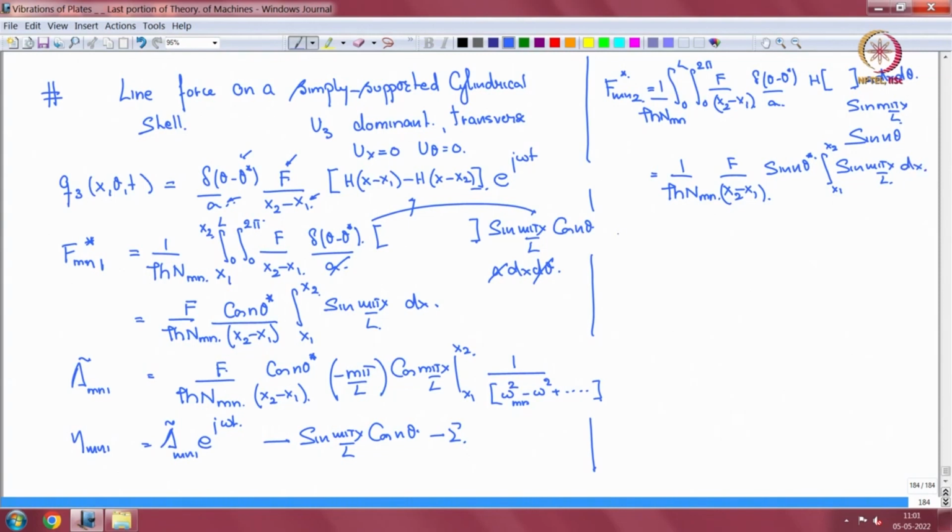Okay. So then straight away gamma mn2 is equal to 1 over rho h n m n f over x2 minus x1 sin n theta star, minus, so this should be, yes, sorry, L over m pi, my mistake, L over m pi.